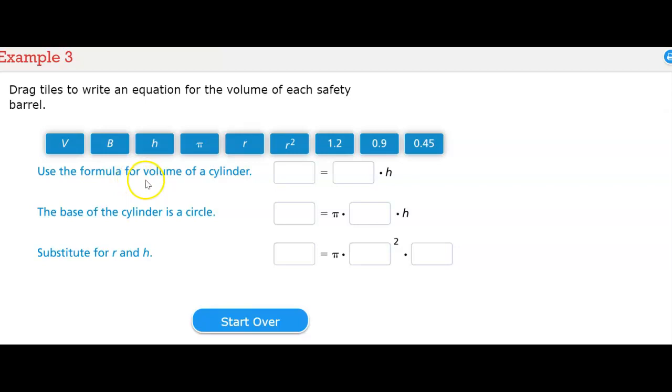So it says use the formula for the volume of a cylinder. V is our volume, B times H. And the base of the cylinder is pi times r squared times the height. And then you substitute the r and the h.